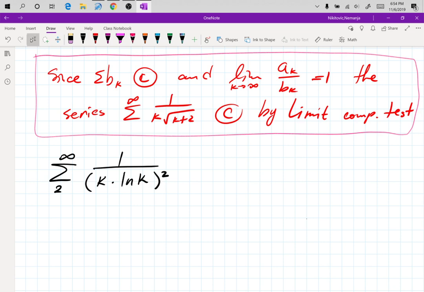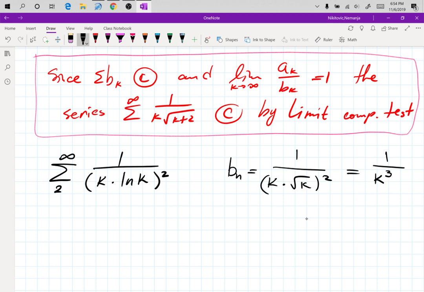Wait, so you take the ln of k and you replace it with a square root of k? Well, what do you have? If you're going to write a comparison thing over here, you can say Bn is going to be 1 over k times root k squared, which is 1 over k cubed.